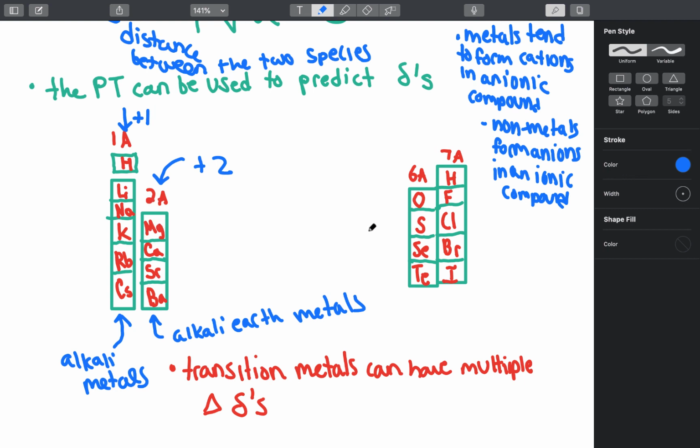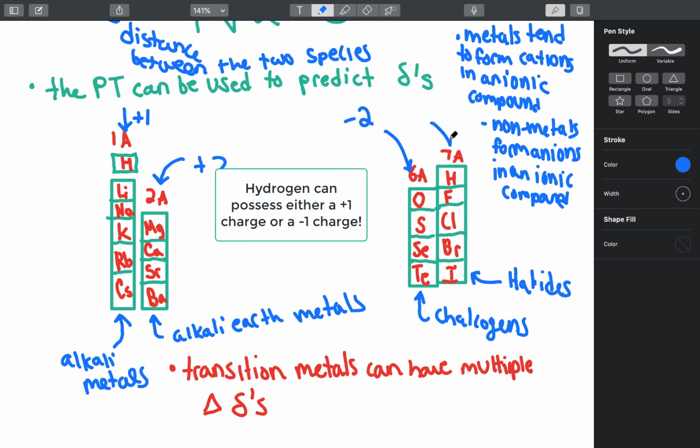So the other ones that you should know are the chalcogens, and these include oxygen, sulfur, selenium, etc. And these can form -2 charges. And then the last ones are the halides, so group 7, and they form -1 charges.